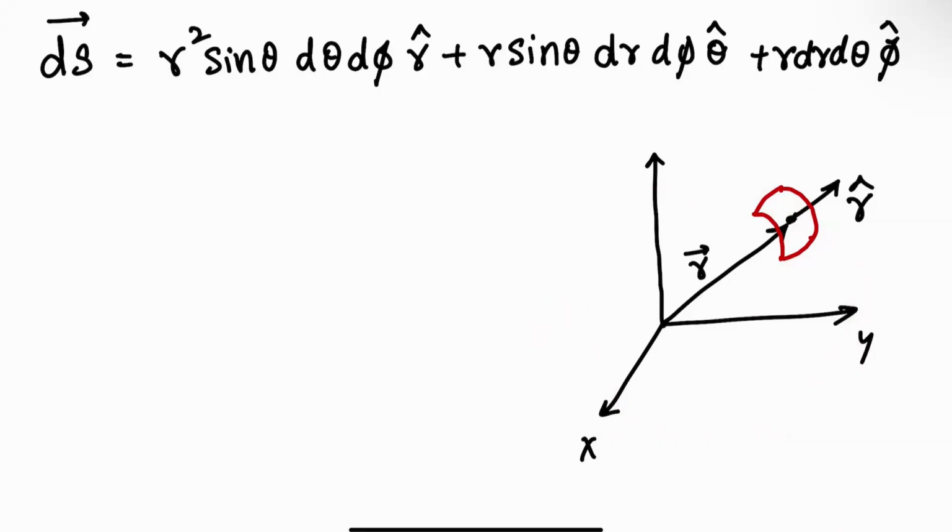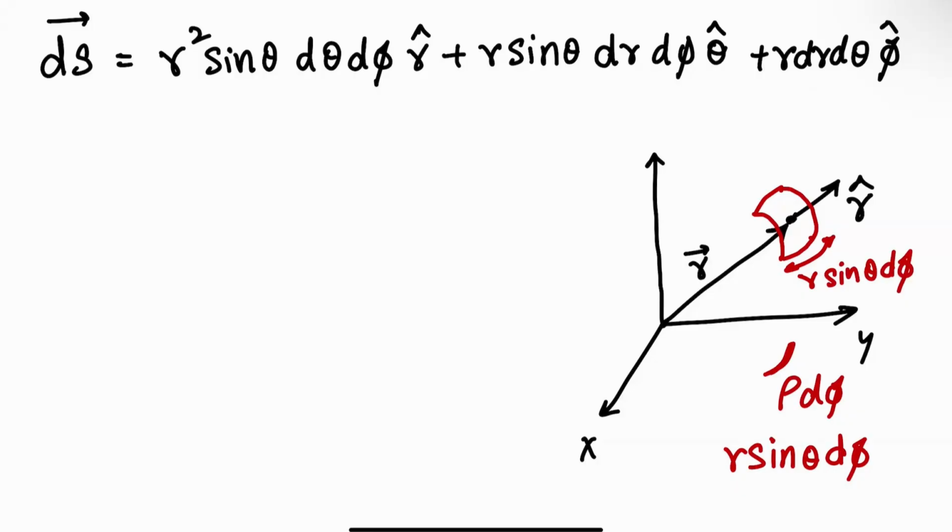Okay. So what is this length? This length, we can project it down onto the xy plane. And once you project it down, that's nothing but rho d phi. And what is rho d phi? It's r sine theta d phi, right? So that's one part. That's this length, r sine theta d phi.